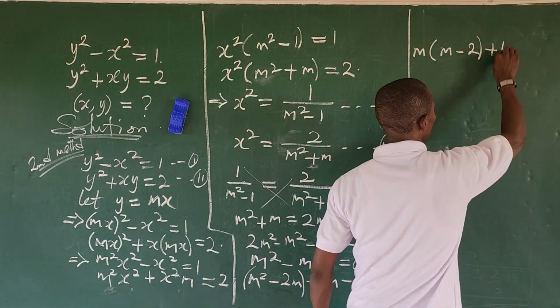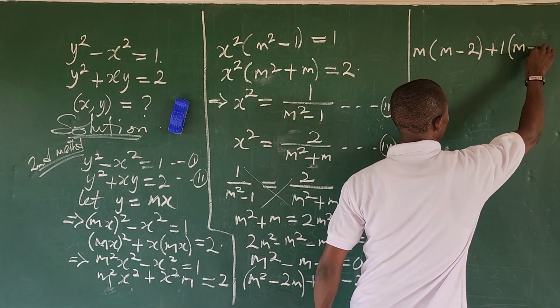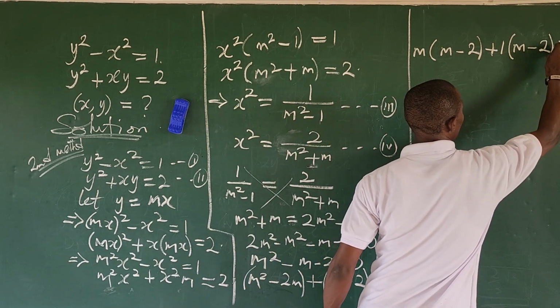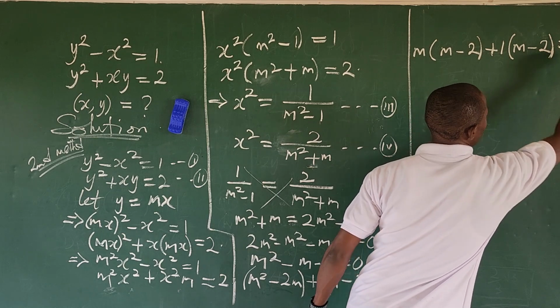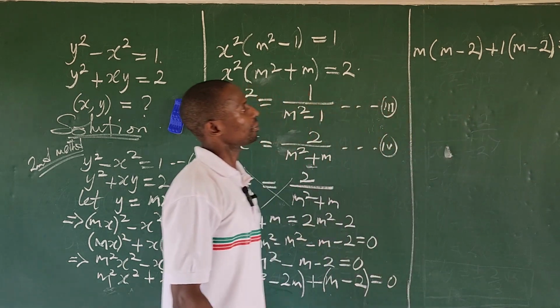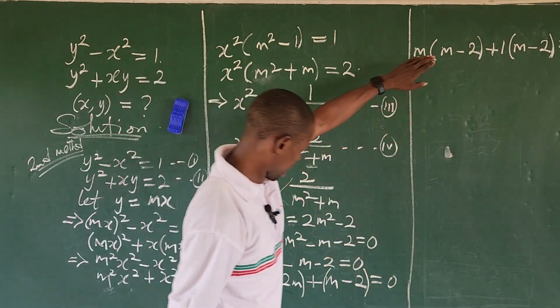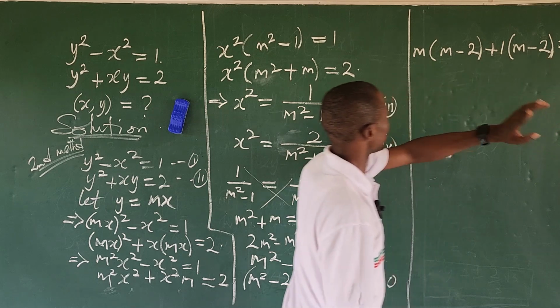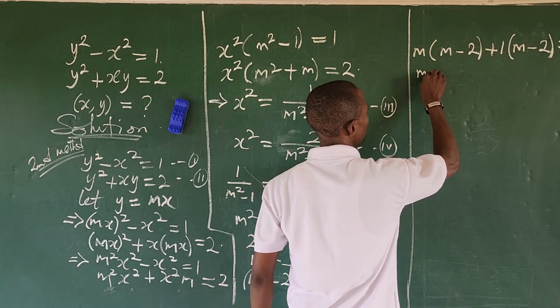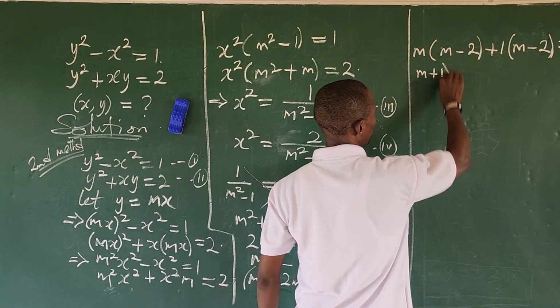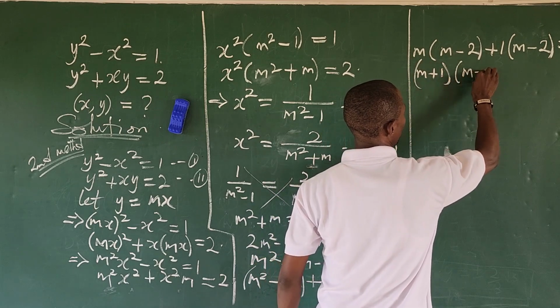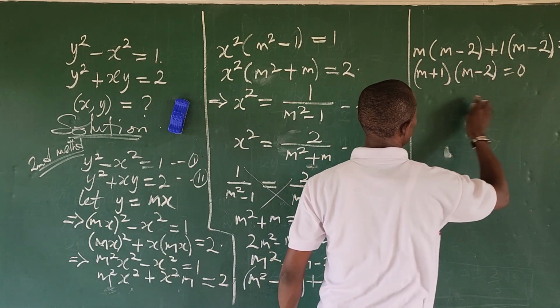We have 1. So we have 1 bracket m minus 2 equal to 0. Okay, good. So you discover what we have in this bracket and here are the same. So automatically we have m plus 1 into m minus 2 equal to 0.